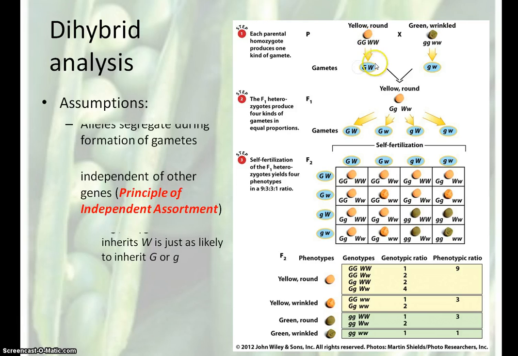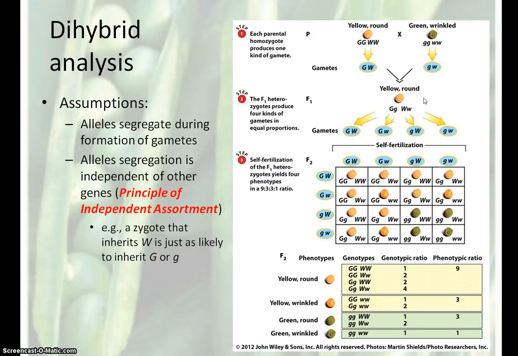So the gametes can only contain the G and the W. In this case, this individual can only make gametes with a lowercase g, the recessive g, and the recessive w. And so when you have the F1 generation, these F1s are inheriting a dominant G and a lowercase g, a dominant W and a lowercase w, and so they're heterozygous for both traits.